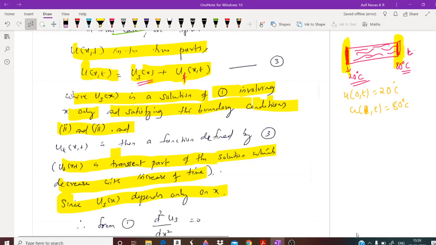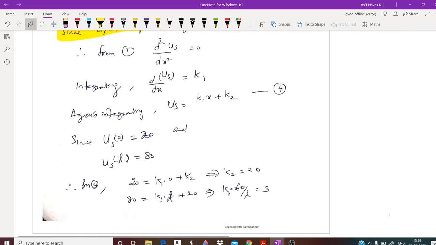So we want to find out what is u_s of x. For that, our equation is dou u by dou t is equal to alpha square dou square u by dou x square, and we know that at the end points it will be equal to 0, because it is fixed at 20 degrees and 80 degrees Celsius.